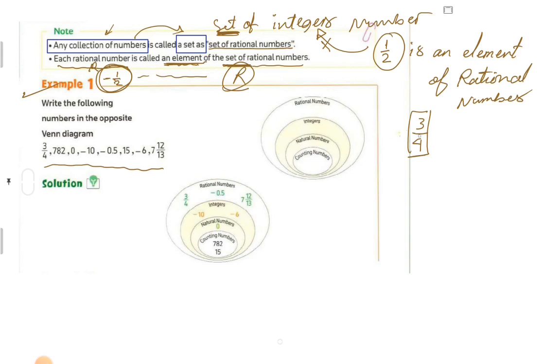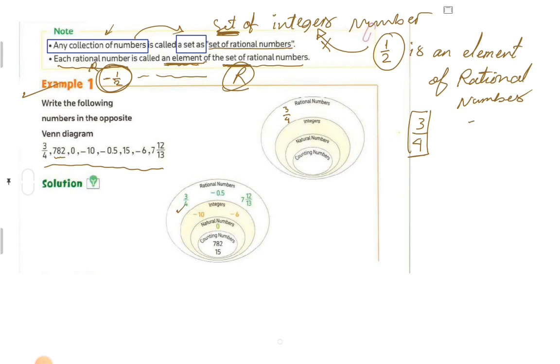Can you say that 3/4 is a counting number? Of course not, because it's a fraction. Or natural or integer? No. But we can say a fraction is an element of the rational numbers. So we can write it here like that.